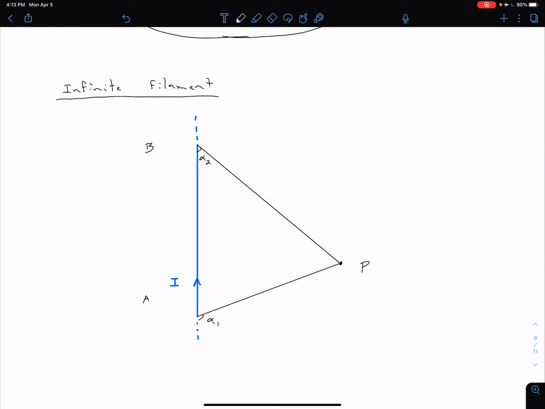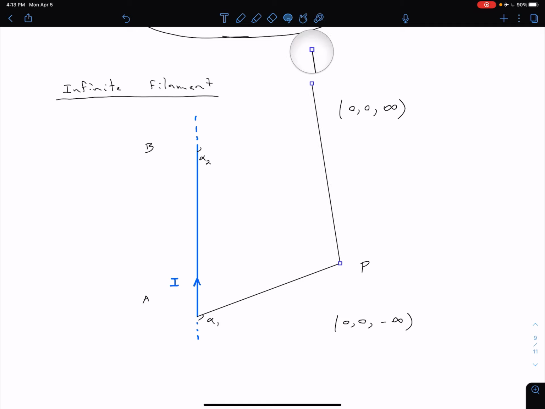Okay, so now we're saying that this is an infinite filament though. So instead of being at some finite point B, our end point is going to be at 0, 0, infinity, sort of implicitly assuming that this is still along the z-axis, and our starting point is going to be at 0, 0, negative infinity. So what we can think about doing is taking this line segment and just moving this up this line, and so of course what we can see is eventually our angle alpha 2 is going to be going towards 0 as we're moving that up to our point 0, 0, infinity.